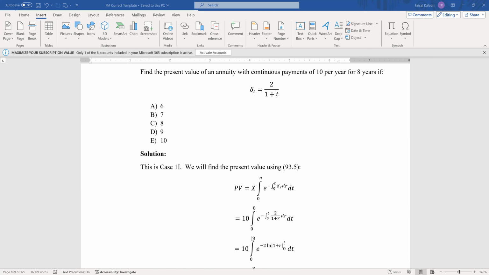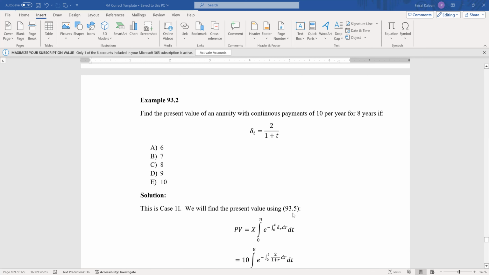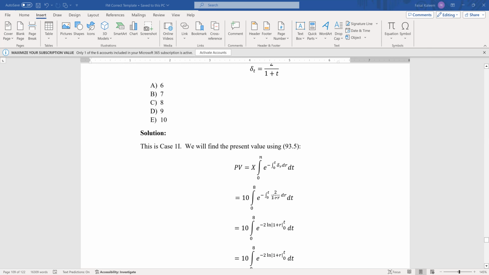The integral will be from 0 to 8 because it's an 8-year annuity and it starts right now. Then we have e to the power negative integral from 0 to t of delta r, because delta t is 2 over 1 plus t. So delta r will be 2 over 1 plus r dr.